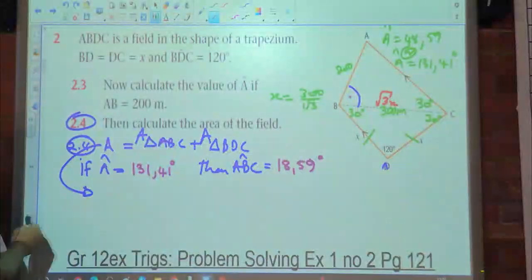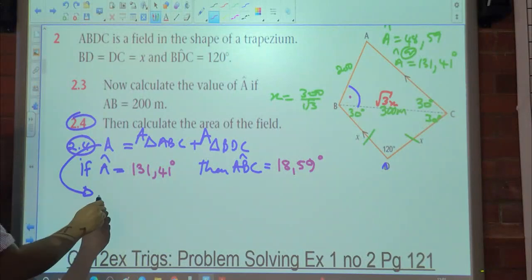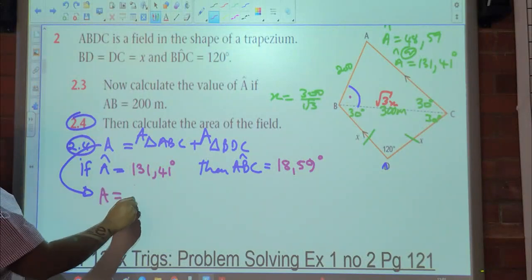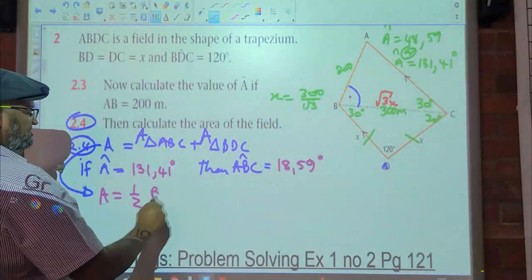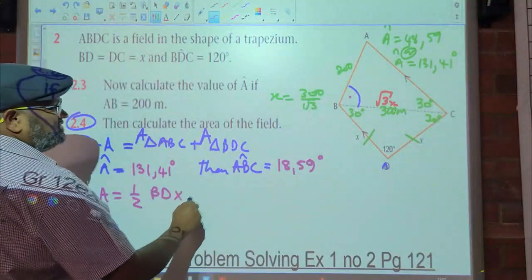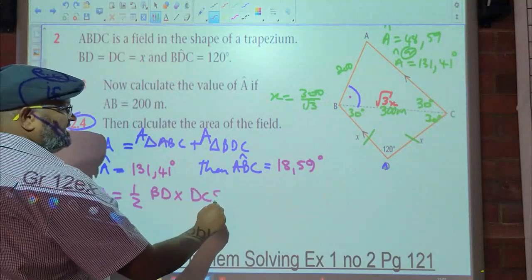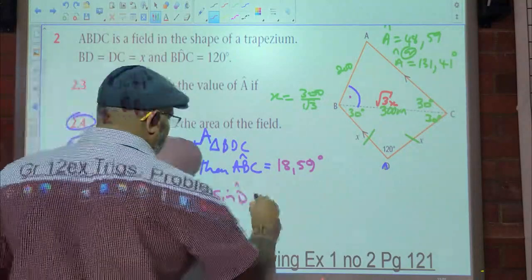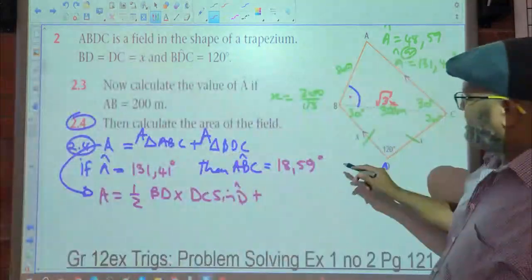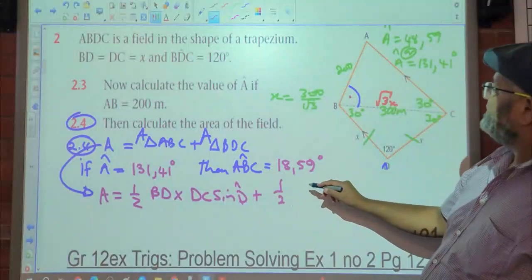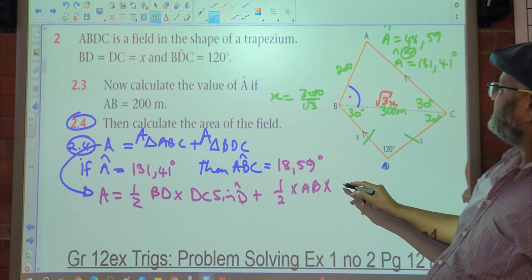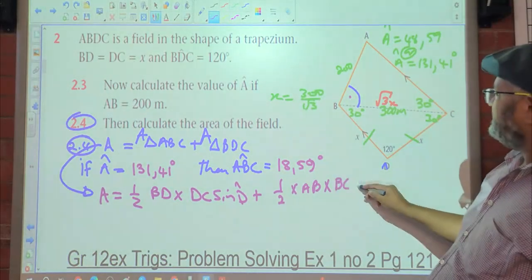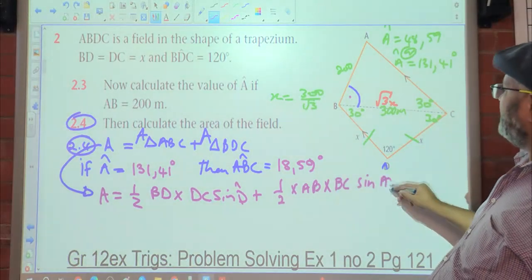So again we go. I don't know why I took everything off. The area is equal to half, and this part remained the same, so I just have to leave it on the board. DC sine of angle D plus AB times BC sine of angle ABC.